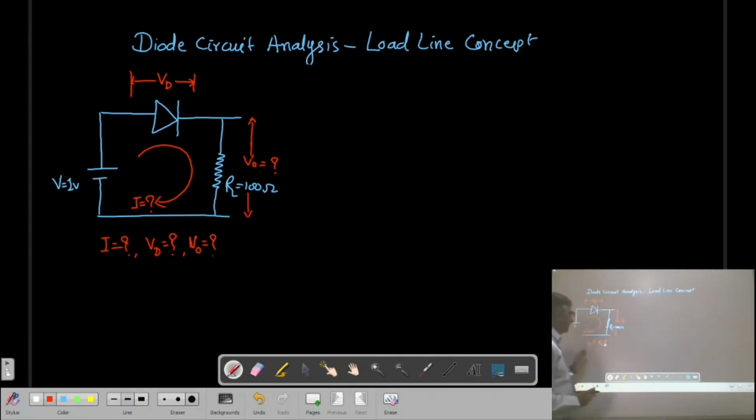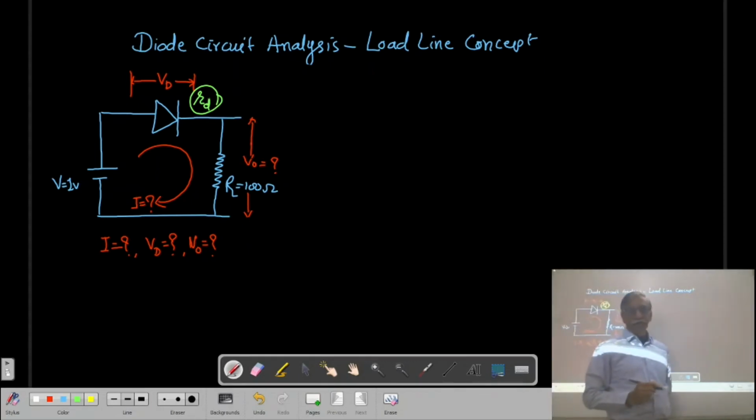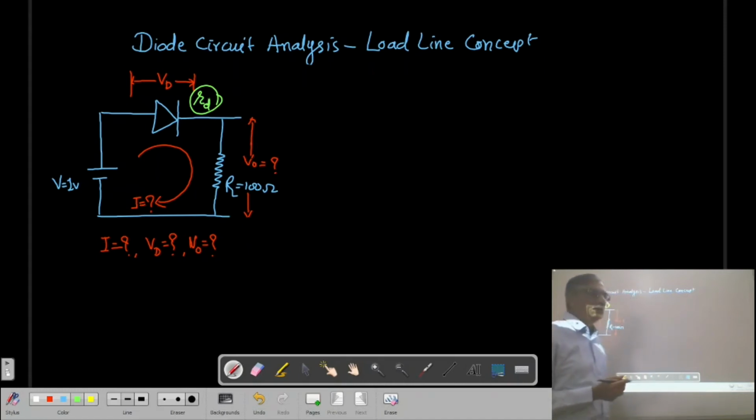If we apply Kirchhoff's law directly, in that case you should know the resistance of the diode. If we have the information about the diode resistance RD, then only can you calculate the value of the current. Once you calculate the current, then you can find the output voltage also. But what is RD? That is the diode resistance.